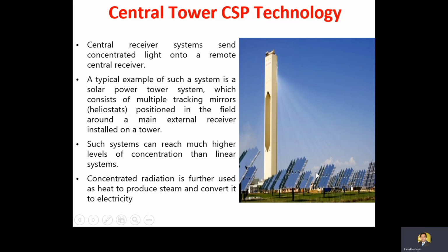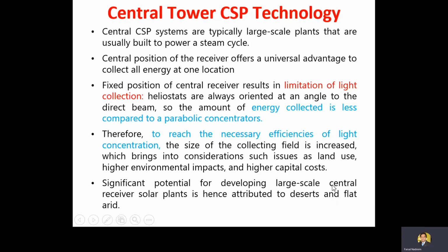We get the light that we would have from the parabolic trough collector with its 3D tracking by increasing the size of the field, which means we have to increase the number of heliostats, the mirrors. But this brings into consideration high environmental impact and higher capital cost.